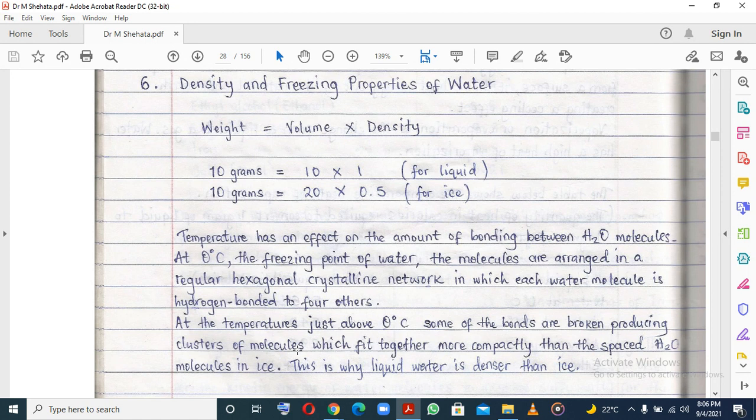So let me just explain that. It simply means that the water molecules are not arranged in a disorganized manner. They are organized in a very, very regular manner. That crystalline there is just to say it arranges itself as though it's a crystal. So the water molecules are in order. And which order is this? Remember, I said each water molecule can be hydrogen bonded to up to four other water molecules.